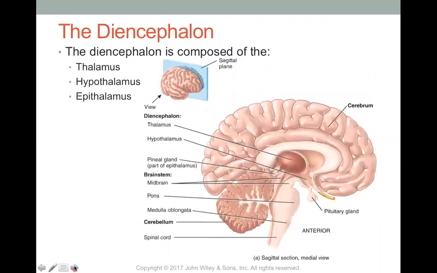Next is the diencephalon, and the diencephalon has three parts to it: a thalamus, a hypothalamus, and the epithalamus. You can see here each of the parts we've talked about and the parts we will be talking about.